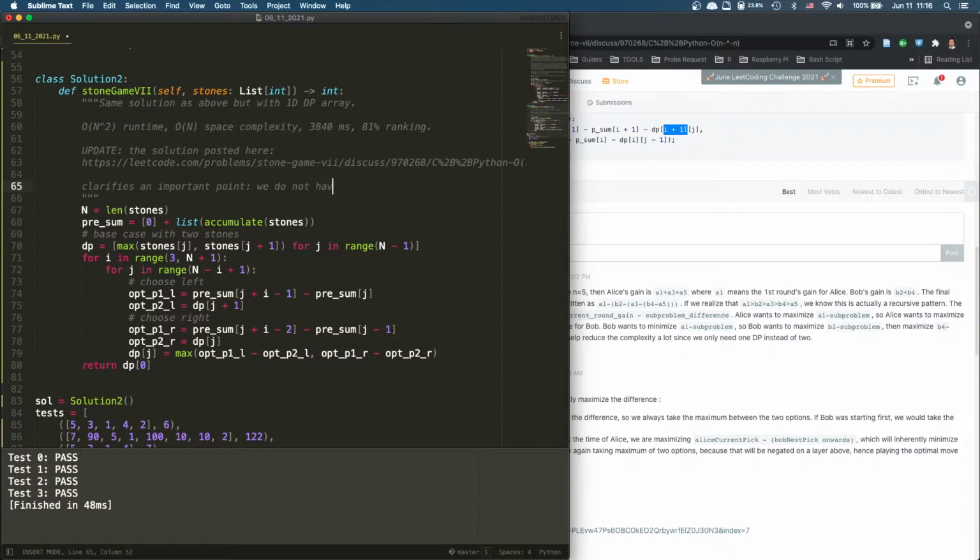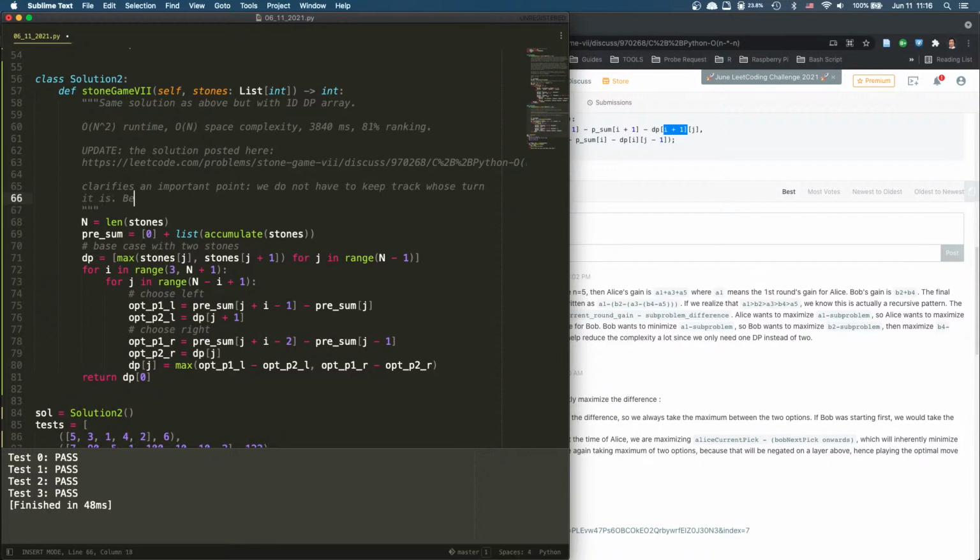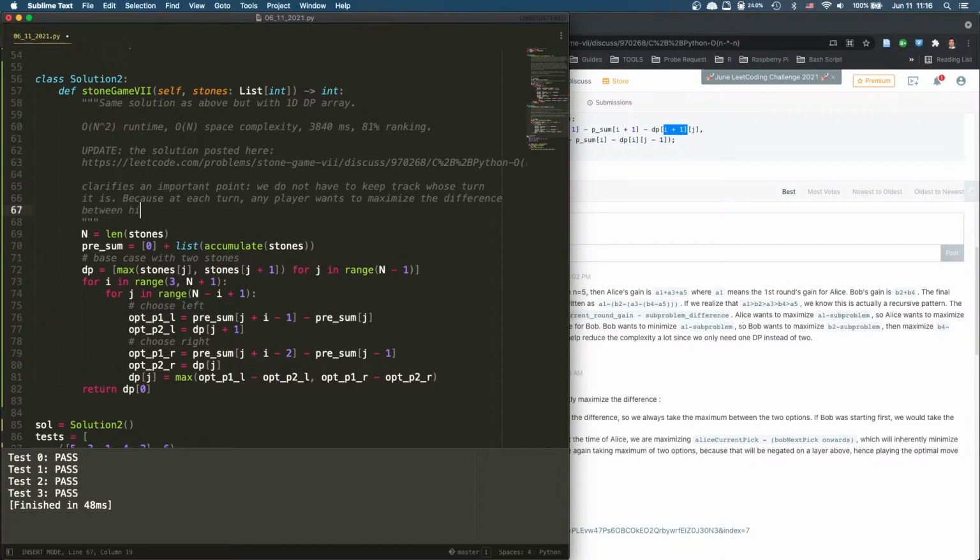We do not have to keep track of whose turn it is, because at each turn, any player wants to maximize the difference between his or her current point and the next player's optimal difference, right? Optimal difference.